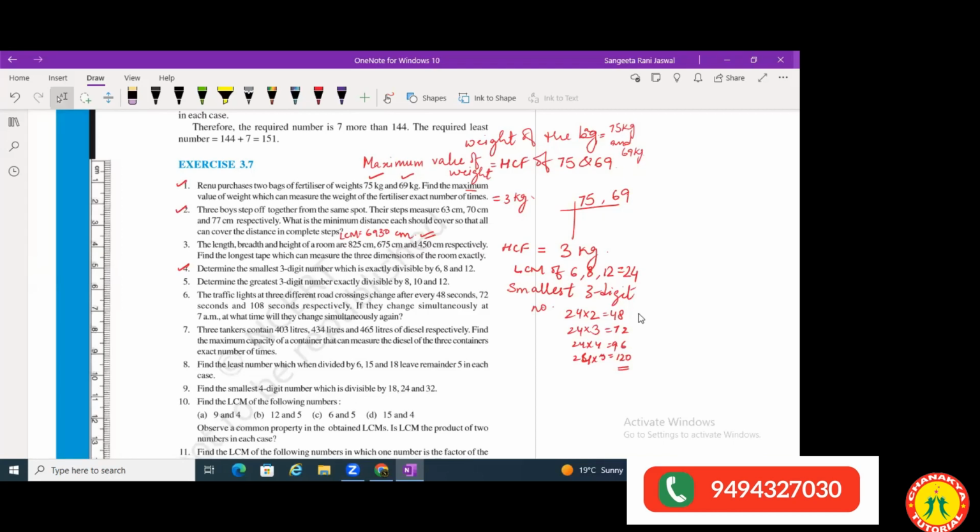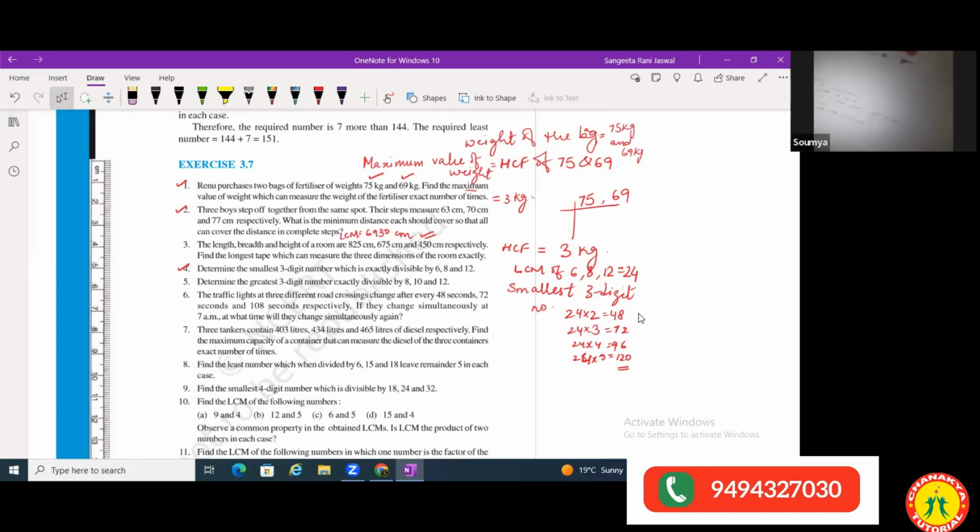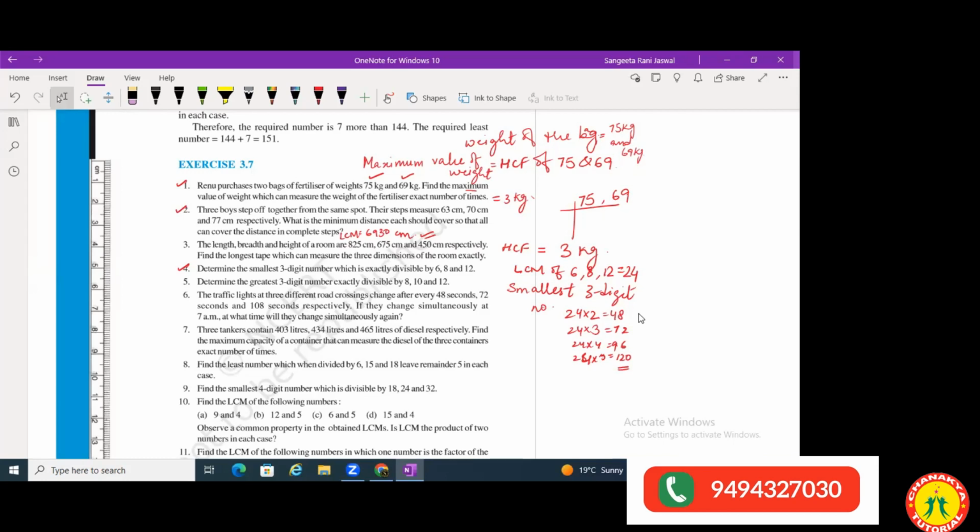Soumya, just bring it closer and exactly in front of the camera. Hold it straight. Now I can see. Bring it a little closer. Your handwriting is looking too small.